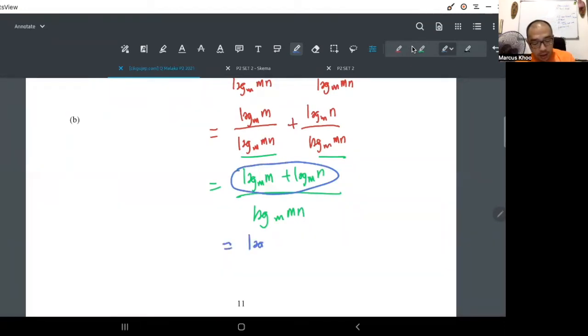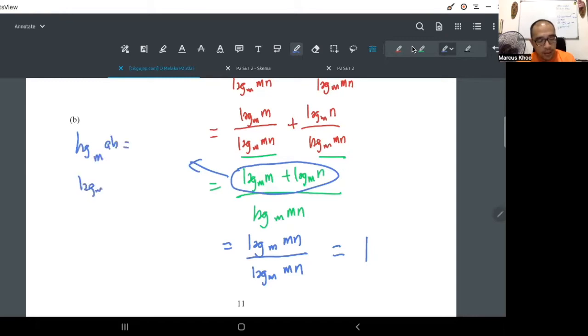It will become log_m mn over log_m mn, which equals 1. Ini adalah log_m ab equals log_m a plus log_m b, cuma saya terbalikkan saja. So I'm actually combining these two into this one, and since this and this is the same, it will equal 1.